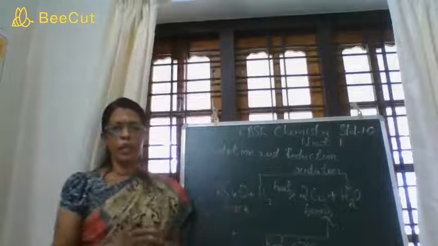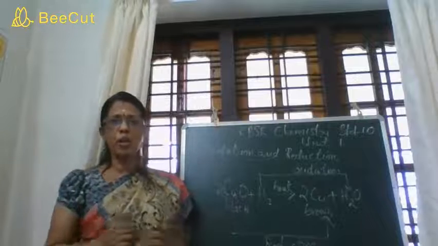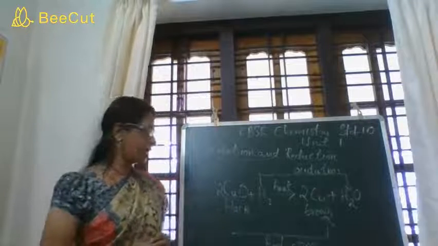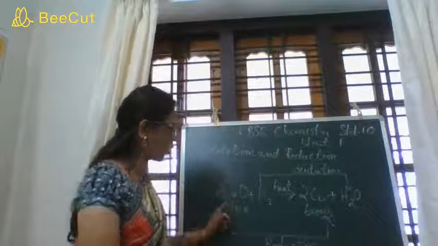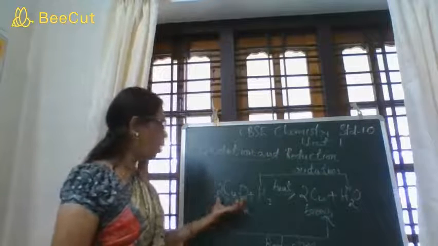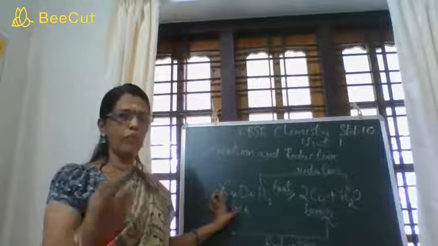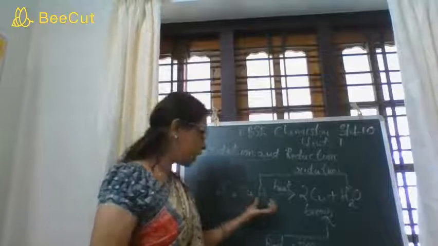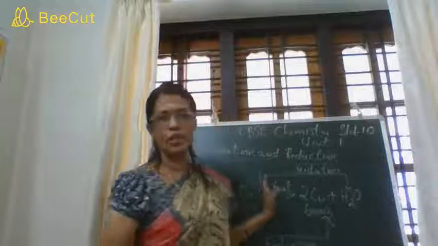Then you have to find out which undergoes oxidation and which undergoes reduction, and which is the oxidizing agent and which is the reducing agent. Now we have already discussed that CuO undergoes reduction. Therefore, CuO is the oxidizing agent. In that way we have to think. Then H2 undergoes oxidation, and therefore H2 is the reducing agent.